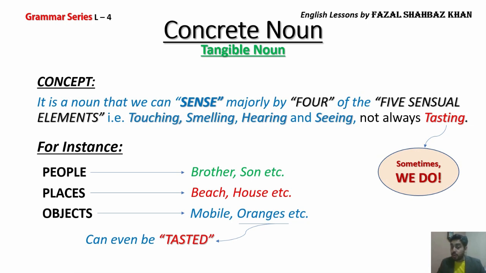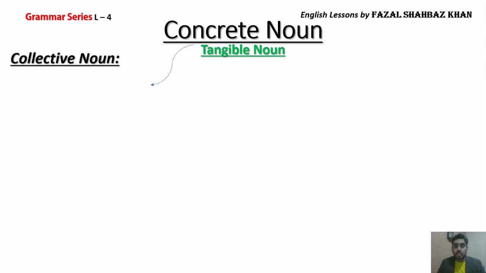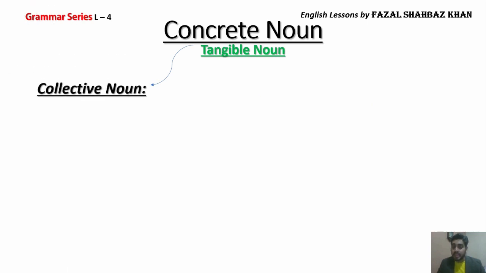But that's not done for concrete noun right now, because it has some more subcategories, the first of which is coming for you. Concrete noun has collective noun as its first subcategory. Now, many of you may have studied collective noun as a separate type of noun. It's not the individual type of noun, what I should say.